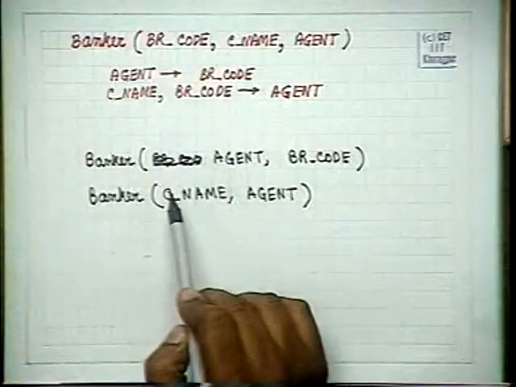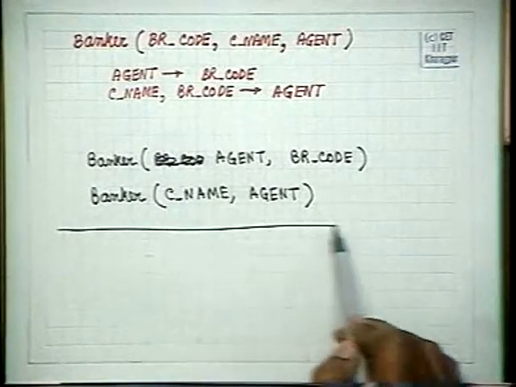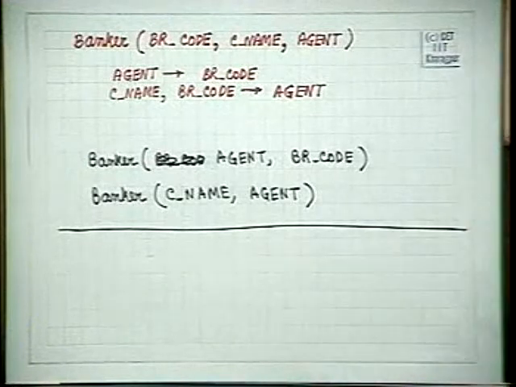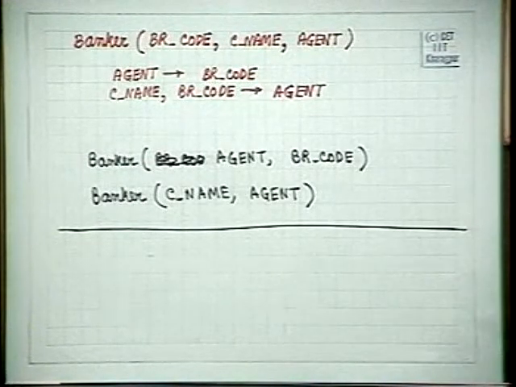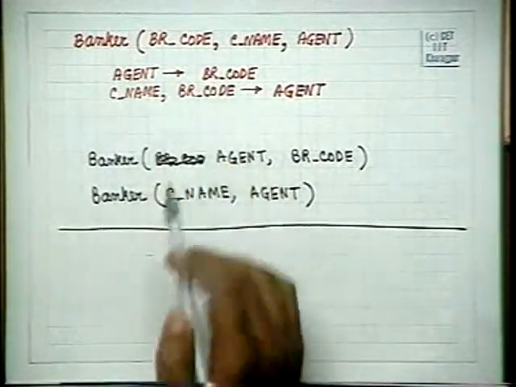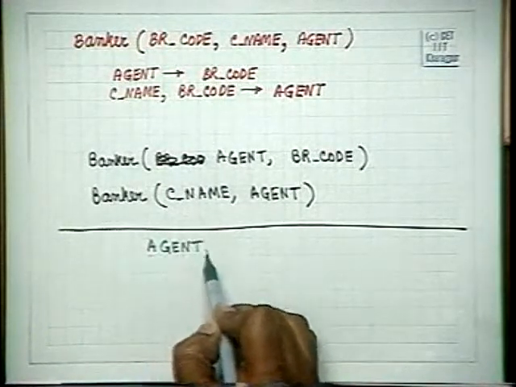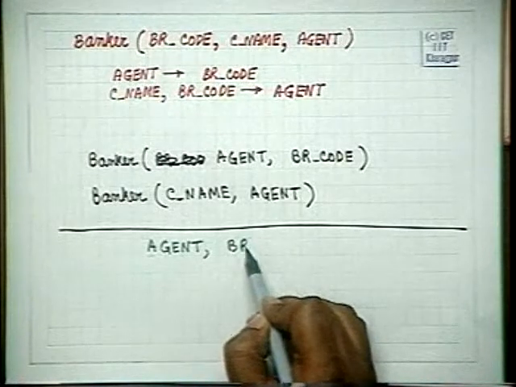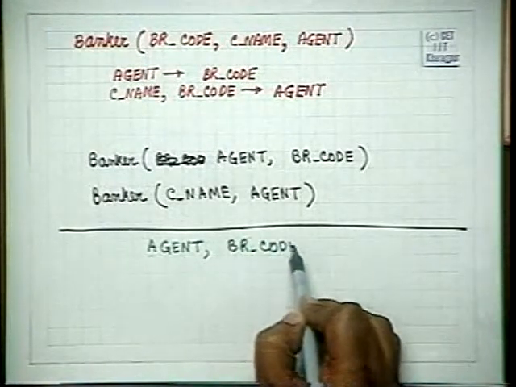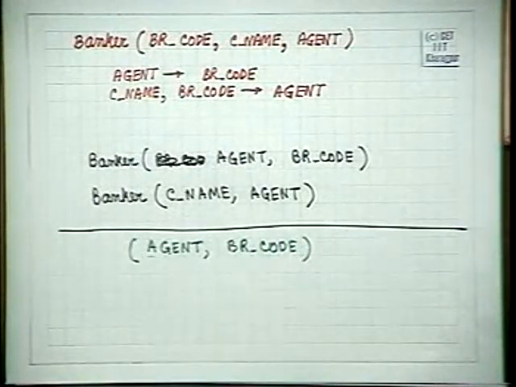For the example which we did earlier, it was both in BCNF as well as in 3NF. Here, how will we decompose into 3NF? We look at this one, we have got agent, branch code. We generate one.